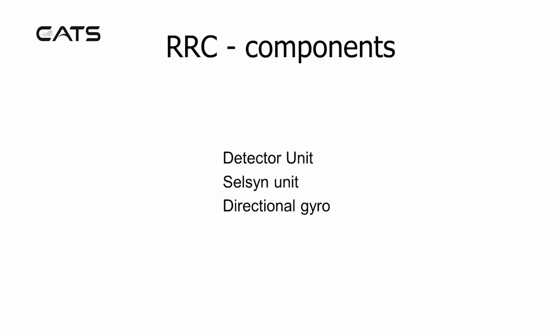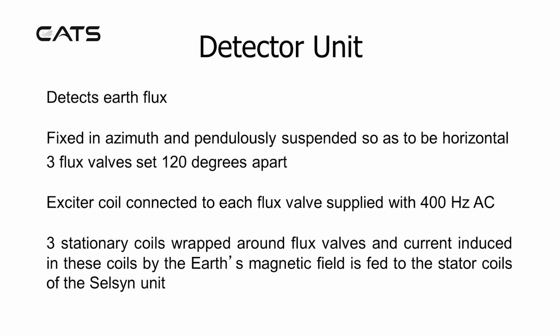Remote reading compass components. It comprises a detector unit, a Selsyn unit and a directional gyro. The detector unit. This detects earth flux. Fixed in azimuth and pendulously suspended so as to be horizontal, with 3 flux valves set 120 degrees apart.